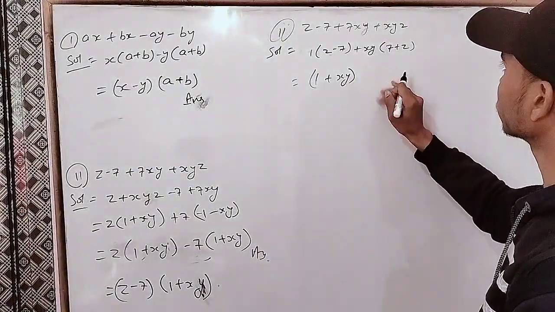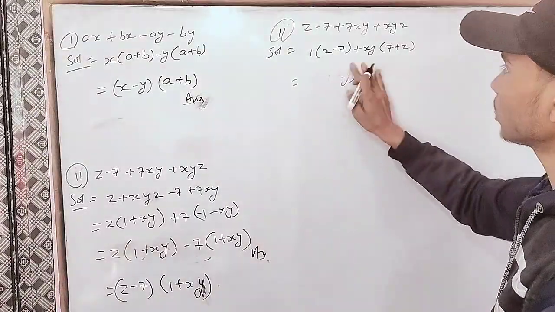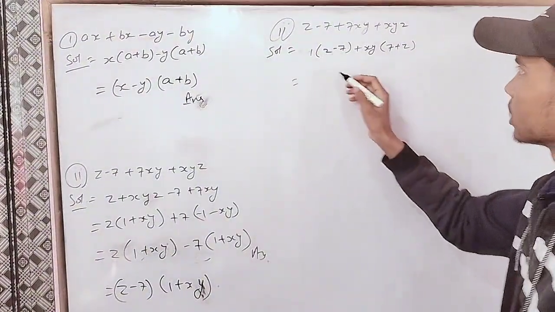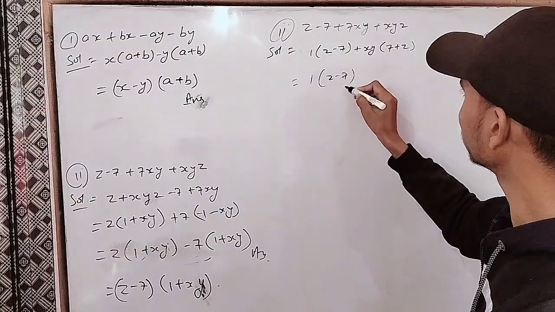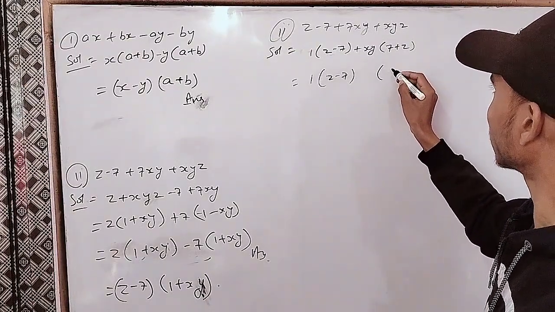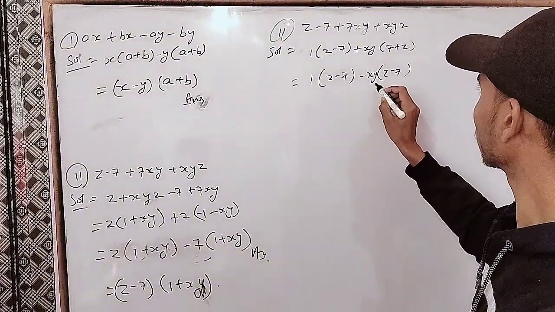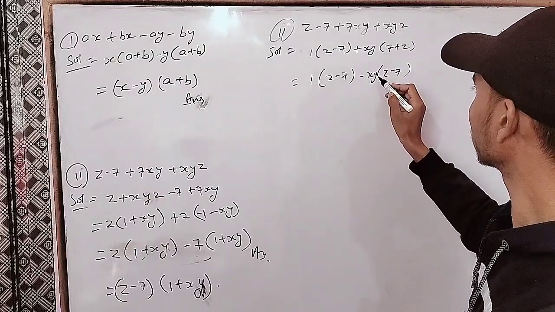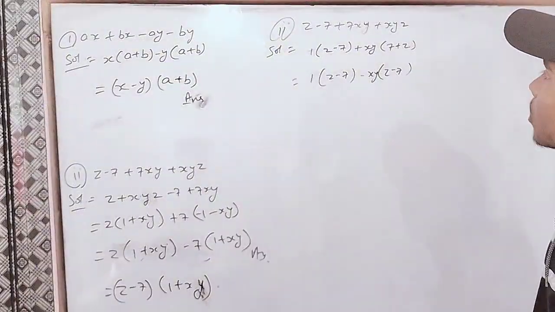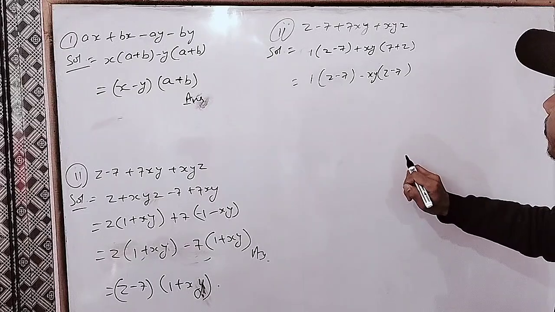we are looking at, they have to write one step more for satisfaction. So here z minus 7 then, can we write it? Yeah, right.